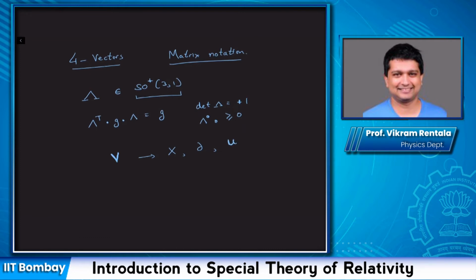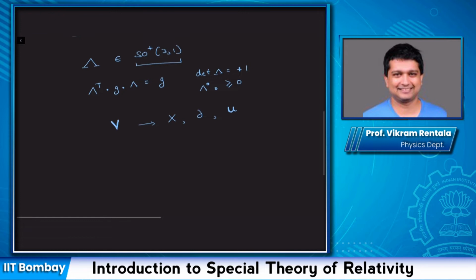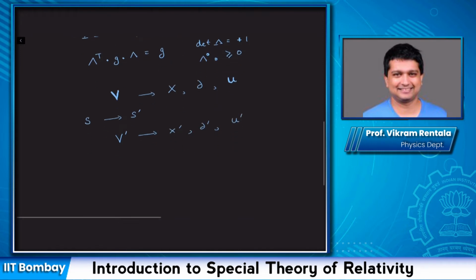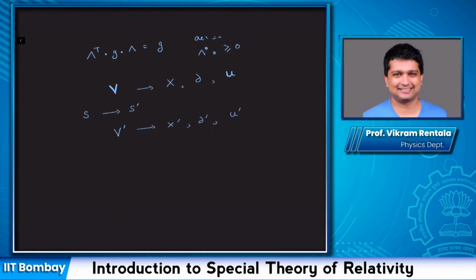Okay, and these four quantities, we found that if we have an observer S and we want to go to an observer S prime and find the corresponding quantities according to observer S prime, and if we call the quantities for observer S prime as the vectors V prime, which we denote as x prime, partial prime, and u prime, then we saw that the transformation law which relates these different quantities, that is the transformation that relates x prime to x, partial prime to partial, and u prime to u, is actually very simple.